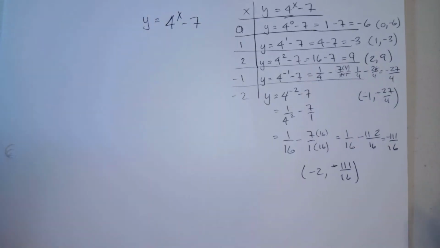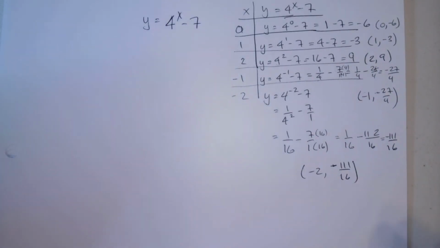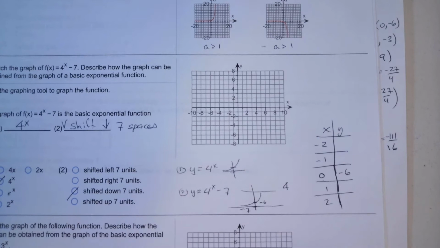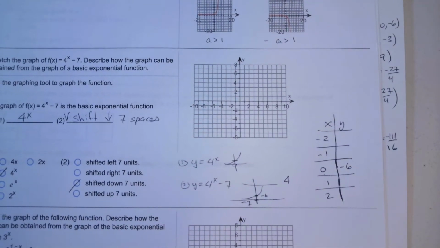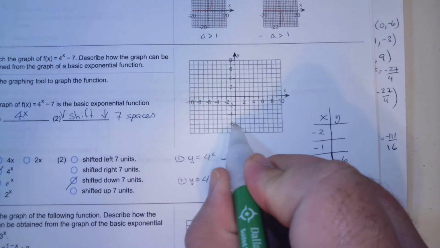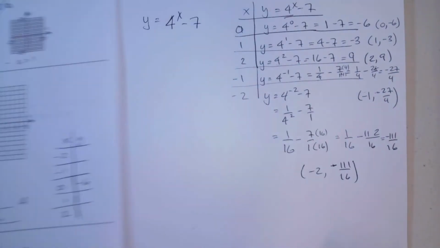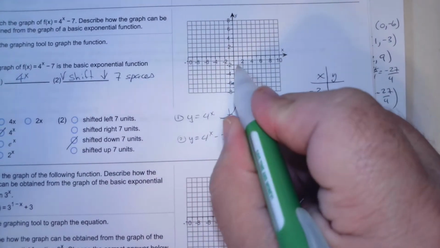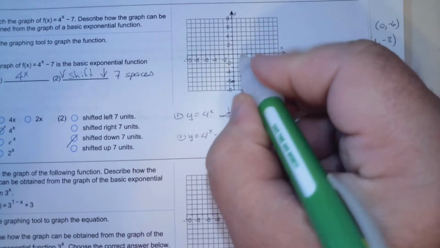Then you just plot those points. So the y-intercept is at negative 6. At 1, it's negative 3.